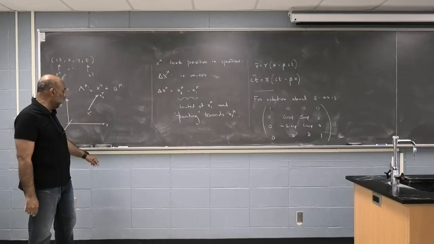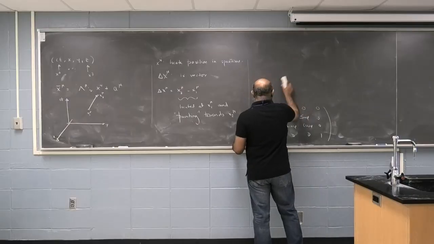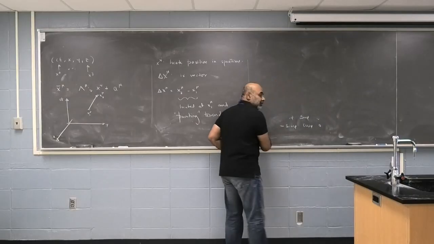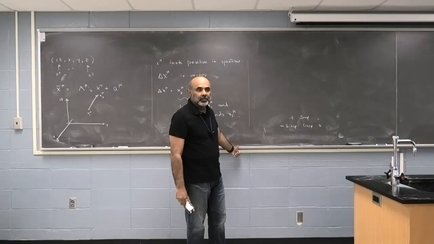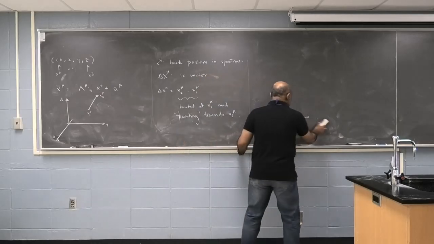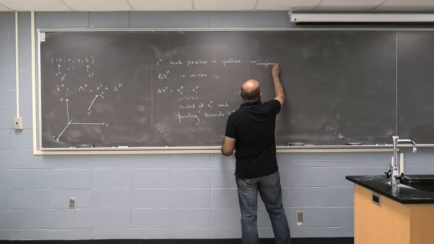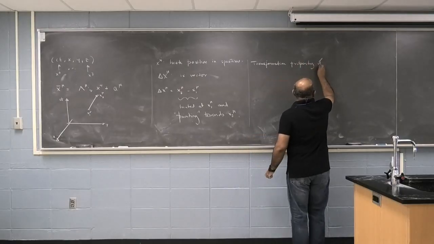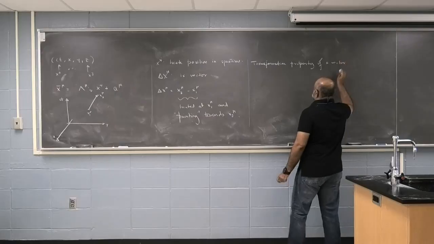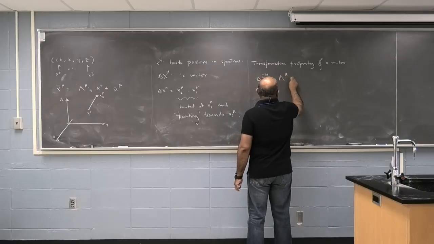So how do vectors transform? Vectors don't care about Eastern Standard Time, because a vector is physical. They don't care about whether you're measuring distance from Troy or from New York. So the transformation property of a vector: delta x bar mu equals lambda mu nu delta x nu.